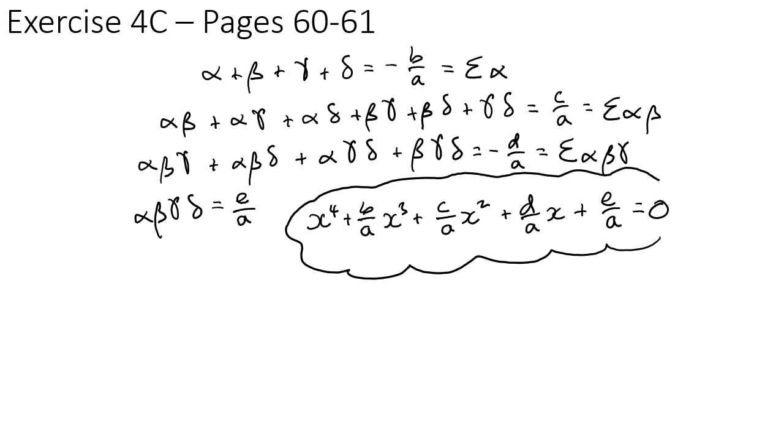And as we said before, these things match up, don't they? B over A. Okay, there it is. C over A. There it is. D over A. There it is. E over A. There it is.